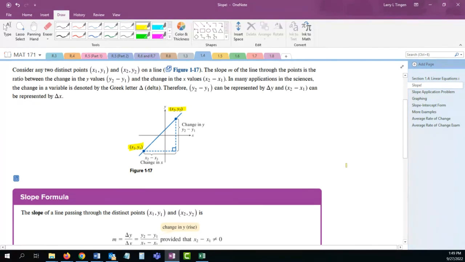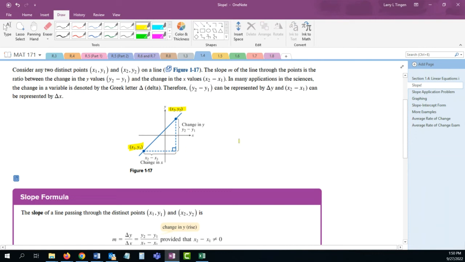Okay. The formula for this you probably remember. The change in y is literally y1 to y2. So this dotted line represents the change in y. And then the x values, this is x1, this is x2, the change in x values from here to here.